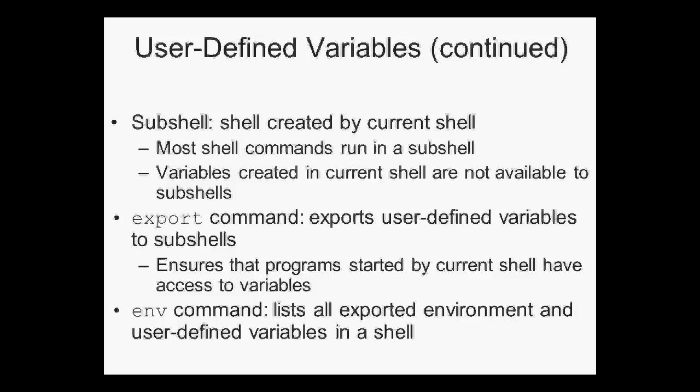When we're typing in commands that we're used to using, the ls and grep and all that, those commands actually run in a subshell, and then the original shell returns after that subshell has returned the output. We can make those user variables available to that subshell by using the export command. And all we have to do, again, is use export and then the variable identifier, the variable name.